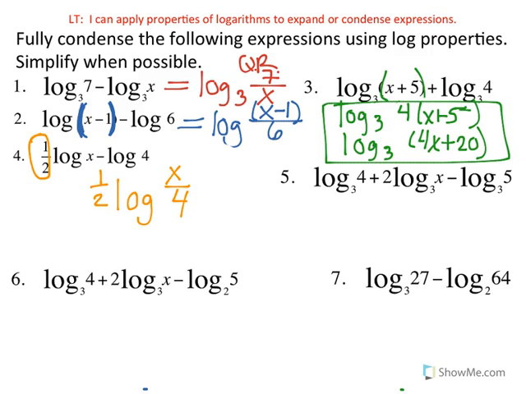Because the 1/2 cannot stay out front. Why can the 1/2 not stay out front? Because 1/2 is not applied to the 4. The 1/2 only applies to the x term. So if you start out with the quotient rule, you've immediately messed up because that 1/2 only applies to the x term.